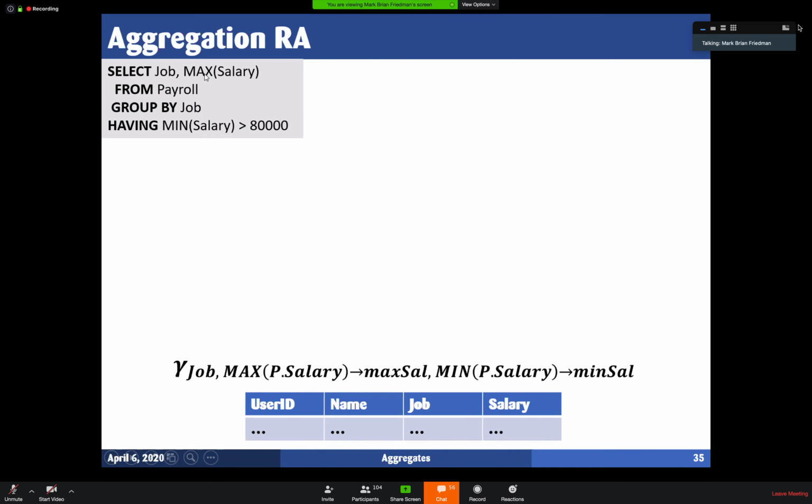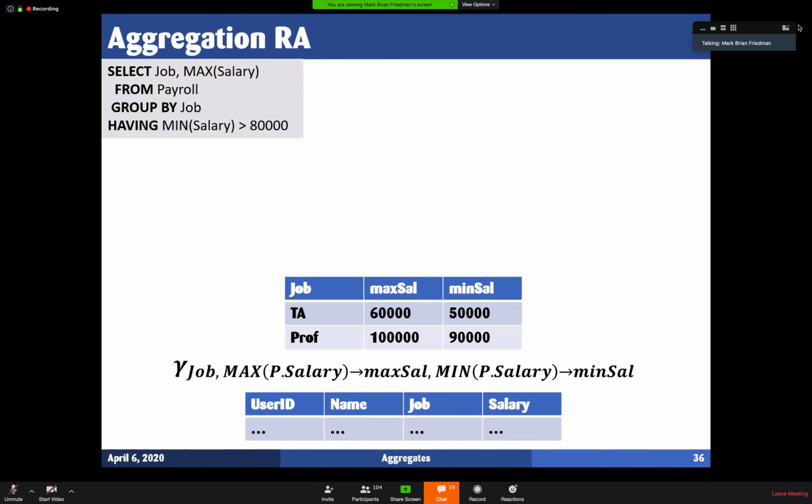That is done initially on the entire relation. That's the grouping; the grouping and the having apply to the entire relation. When we execute that, for the TA we get a max sal of 60 and a min sal of 50. For the prof aggregations, we get 100,000 and 90,000. That's all we have to work with.